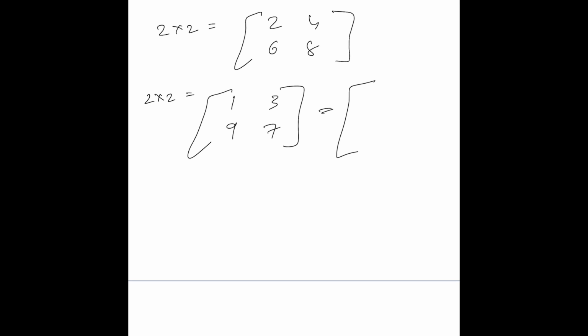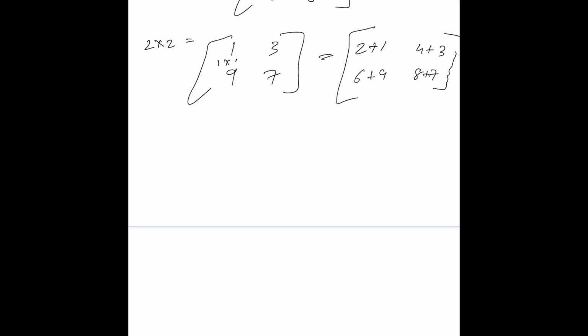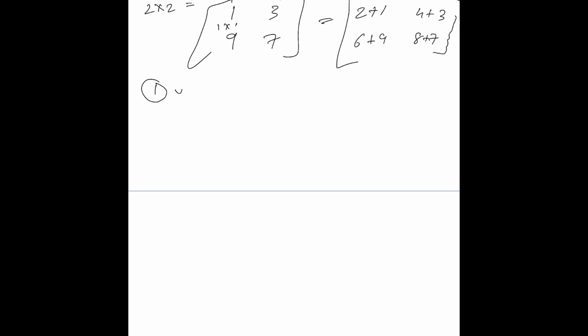So we just add the entries, 1 by 1 with 1 by 1. It will be 2 plus 1, 4 plus 3, 6 plus 9, 8 plus 7. Same with scalar multiplication. If we have to multiply something with the matrix, we have to multiply each of the elements.